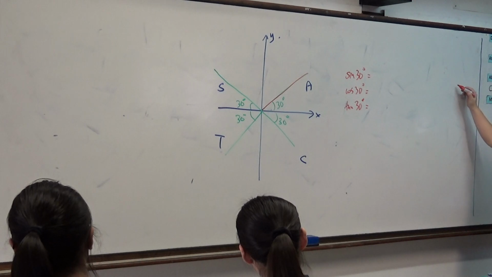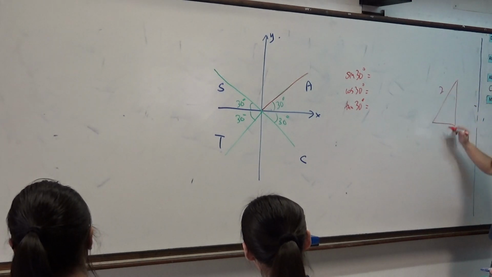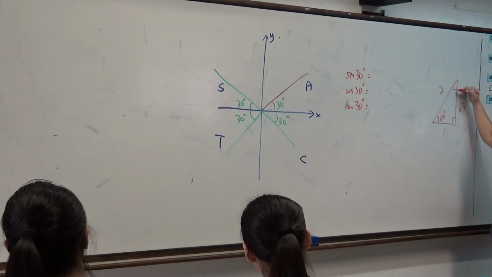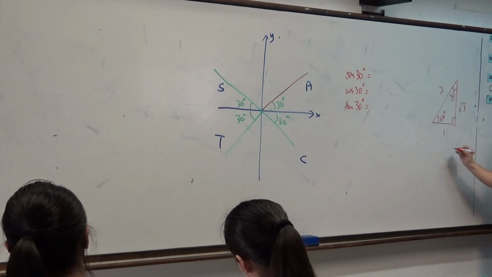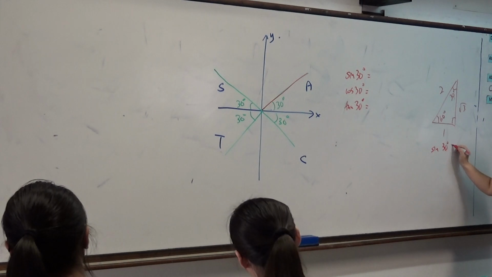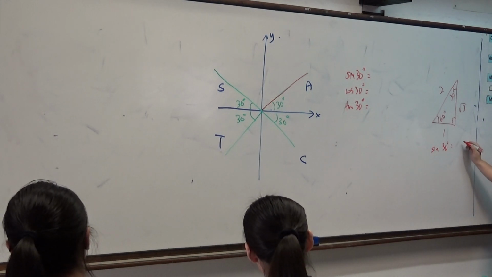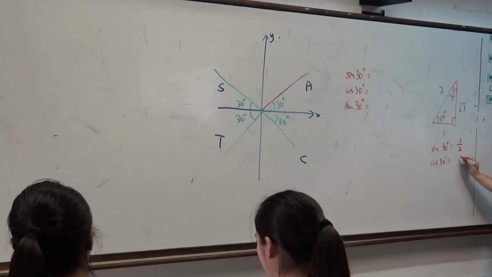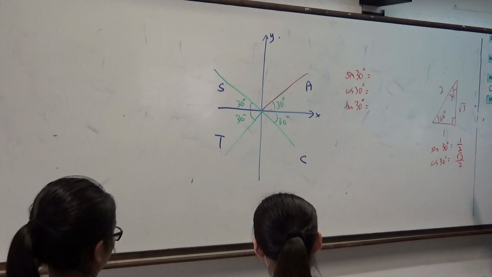Okay, now I am going to do that one again. 2, 1, and this one is root 3, right? So this is 60, this is 30, right? Okay, now what is sine 30? 1 over 2, right? What is cosine 30? Root 3 over 2, right?